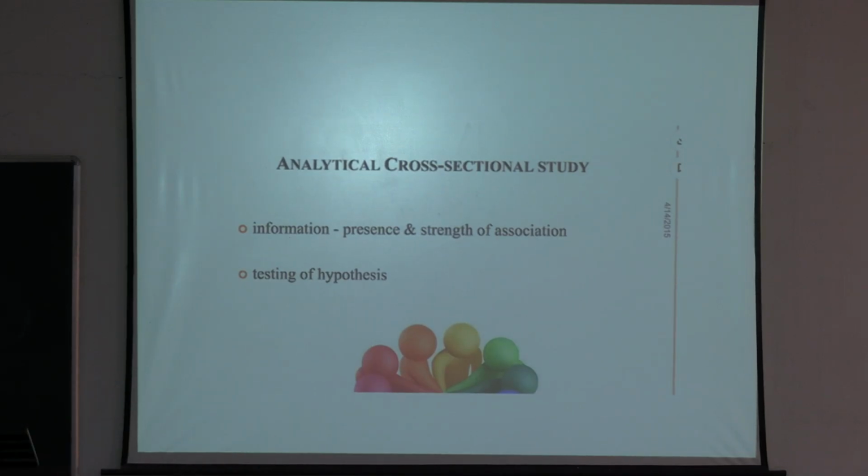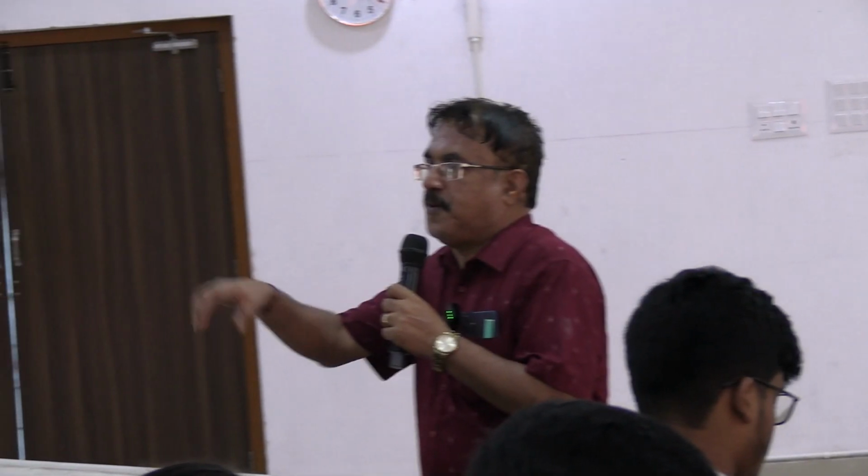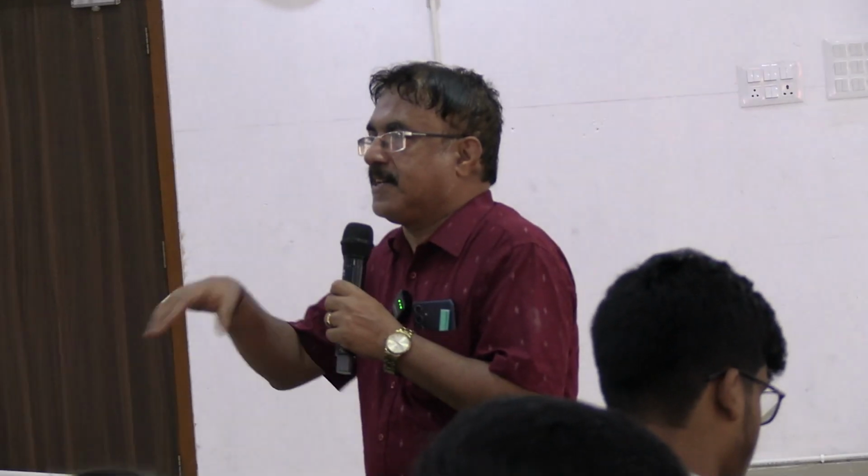I'll give you an example. When I was posted in Pakur with WHO, Pakur is in nearby Jharkhand, we had 8 cases of polio in the year 2010, and all India we had only 42 cases. Pakur is a very small town, small district, and all the cases were located in a small area.